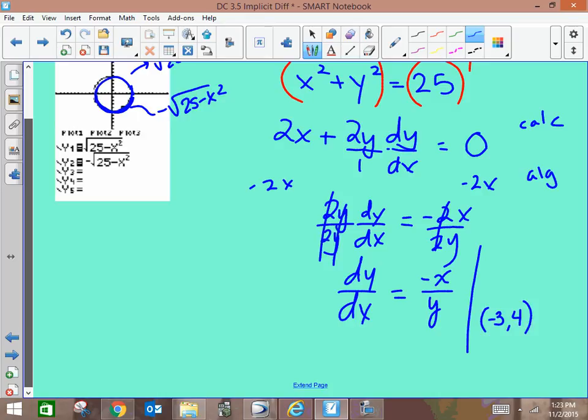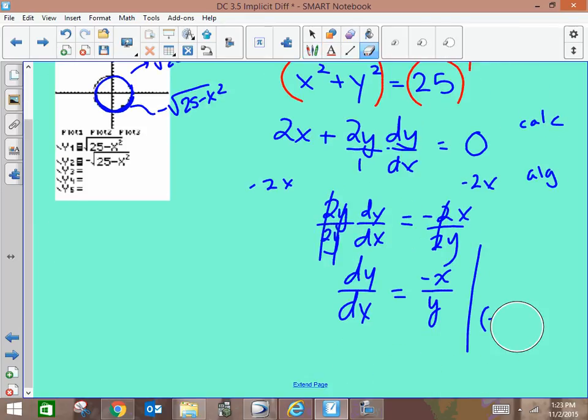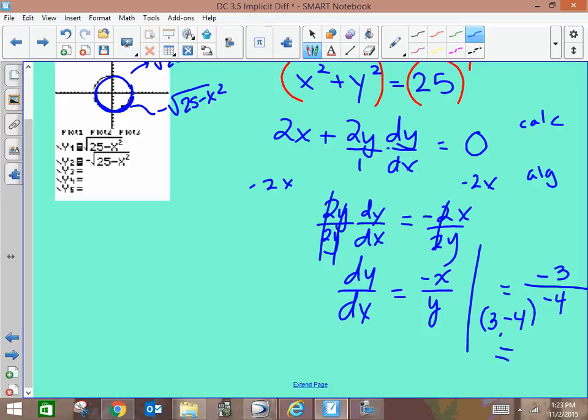Sorry, 3, negative 4. Short-term memory's gone. Remember, x is first, y is second. So x is 3, so that's going to be a negative 3 when I plug it in, right? Y is negative 4, so my slope is 3/4.